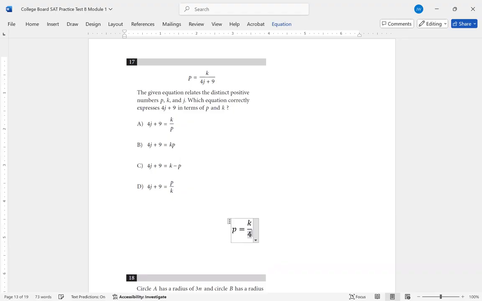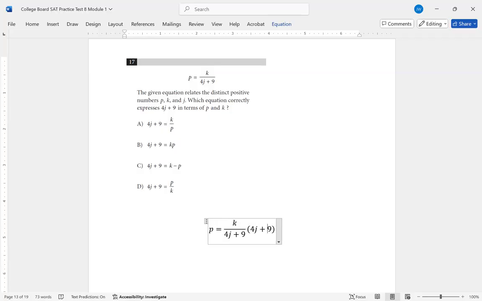4J plus 9 is the denominator of the right-hand side. There's a couple of different ways you can solve this. The way I like to do it is I like to multiply the right and the left-hand side by the denominator. So I'd go 4J plus 9 multiplied on the right-hand side, and then 4J plus 9 multiplied on the left-hand side.